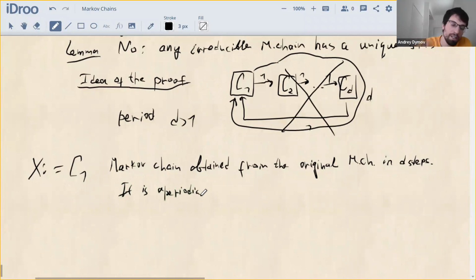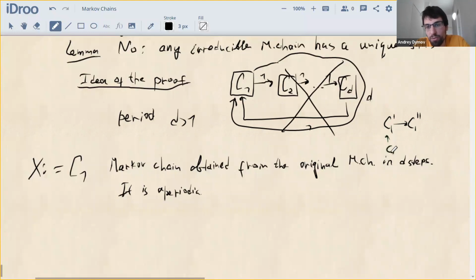Because if it is periodic, so if its period is more than 1, then the period of the initial chain would be more than 1. In fact, would be more than D. Because in this case you would be able also to separate this C1 into, say, C1 prime and C1 2 primes, such that from C1 prime you go to C1 2 primes.